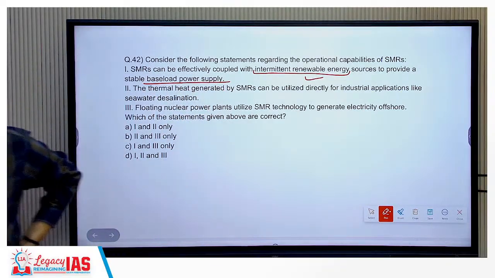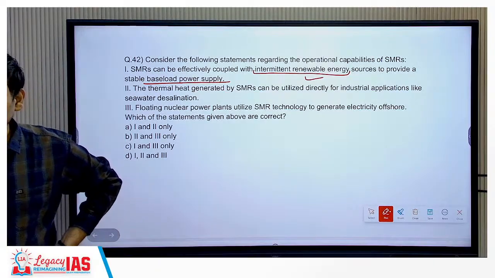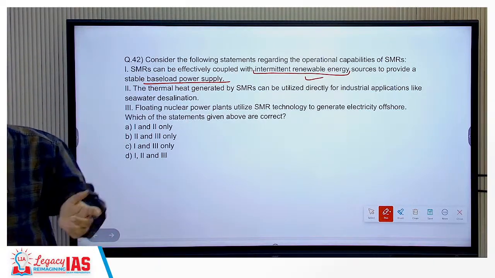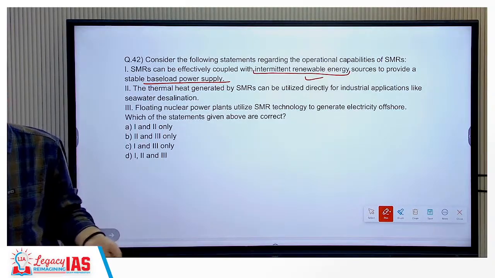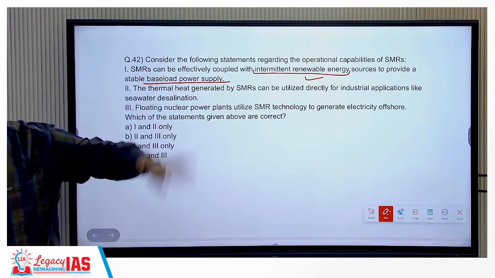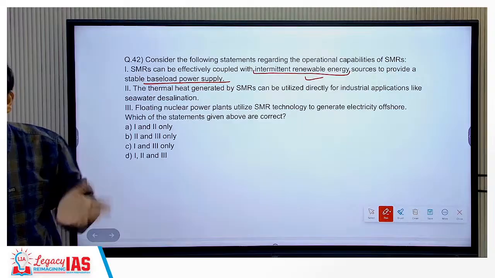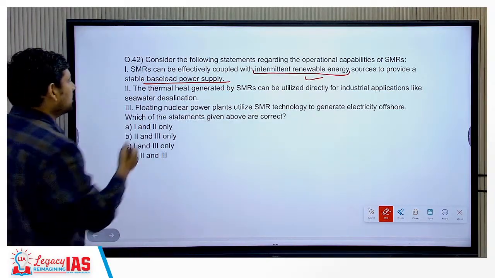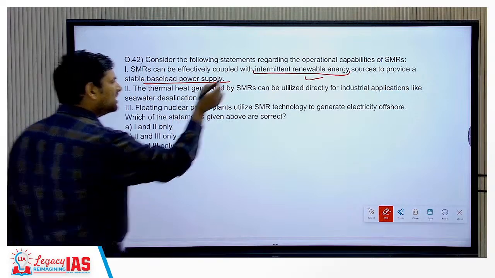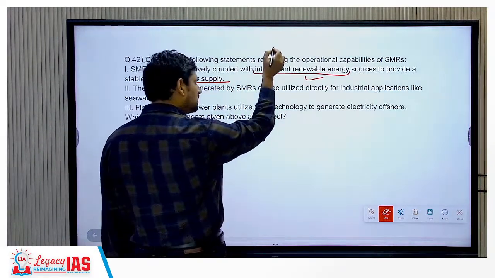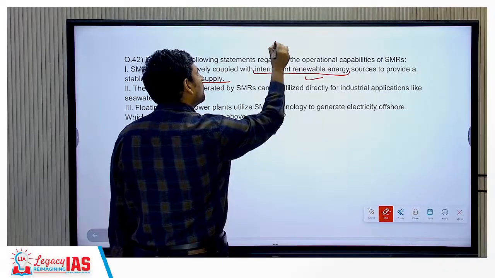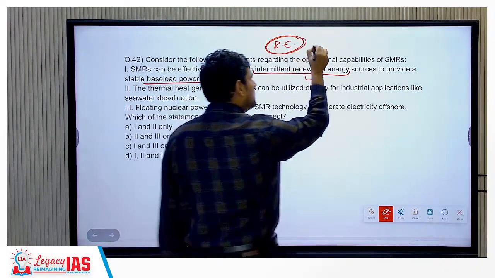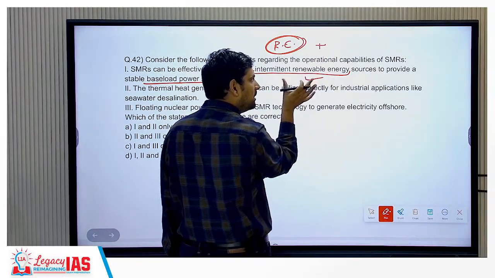For example, right now for most of India, base load power supply is thermal power plants, because you can just put in more coal. The only issue that may be there will be running out of coal. So of course you can generate energy all the time. This is called base load power. So basically what the Indian government and governments around the world are planning is that we need to focus more and more on renewable energy, but we will also need some stable base load power.